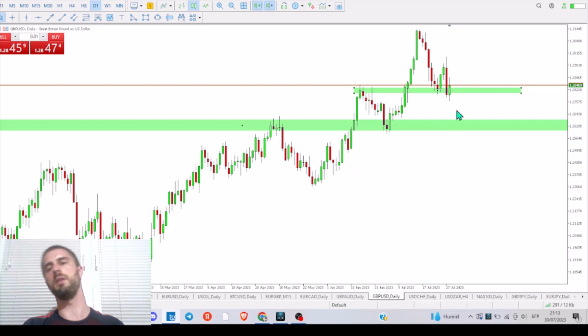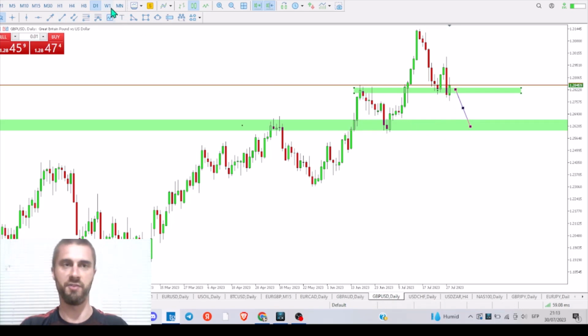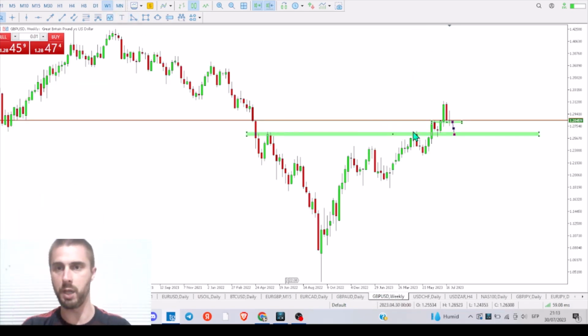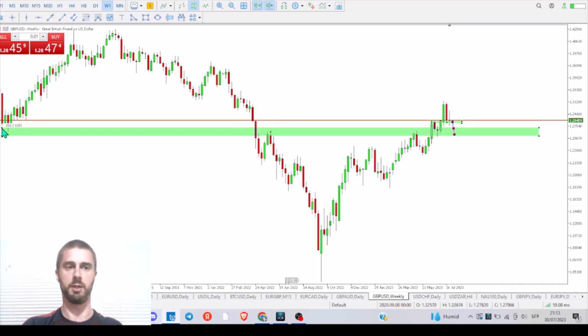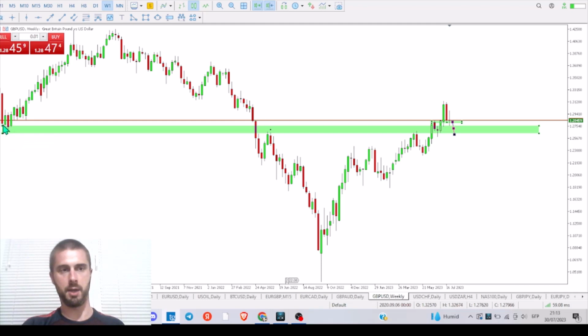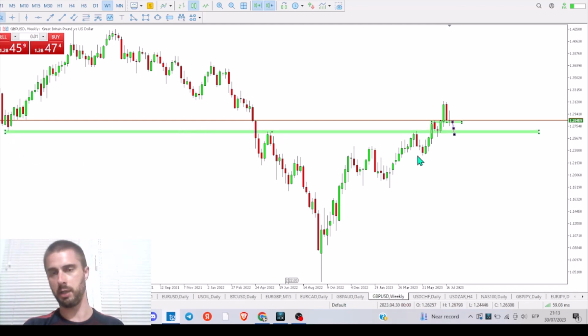Okay, but if this level doesn't hold, then we should expect the price to continue and test this previous weekly level. Why weekly? Because we have marked it in our previous video analysis. So this is a very important area, and this area should act now as extra support.